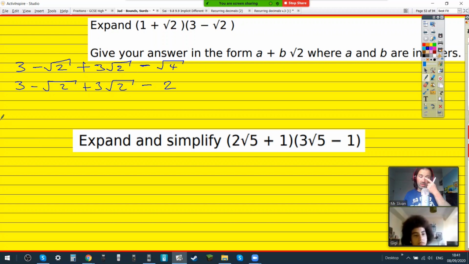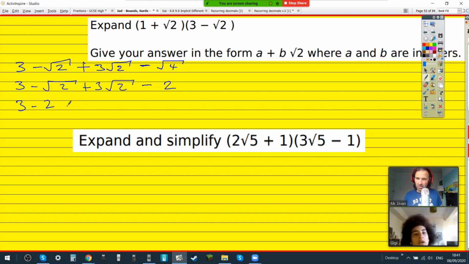How do we simplify this? 3 minus root 2 plus 3 root 2. Not sure. What if I just wrote it a different way?